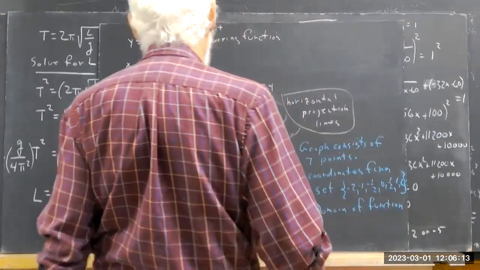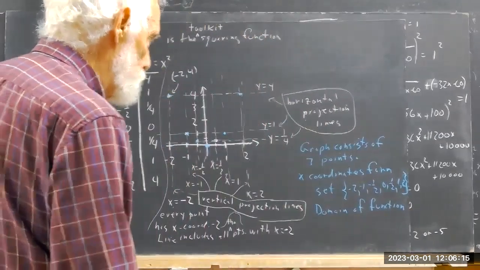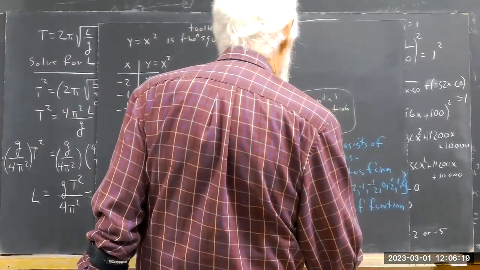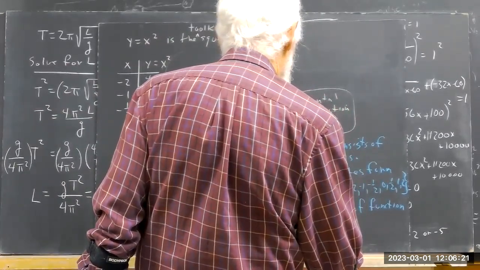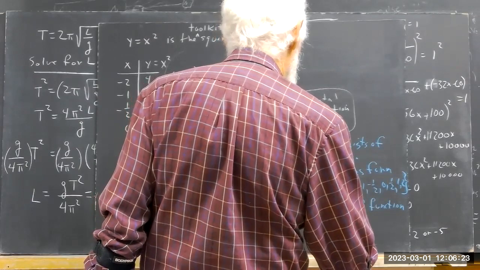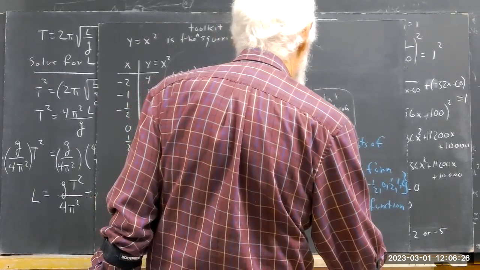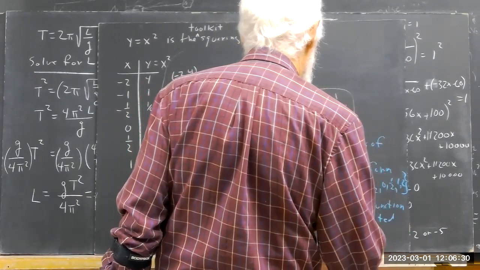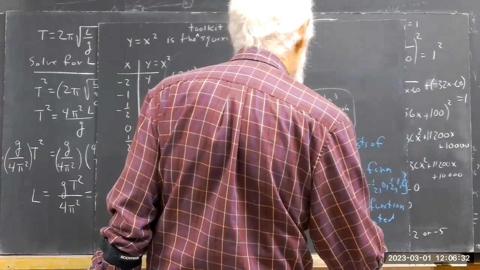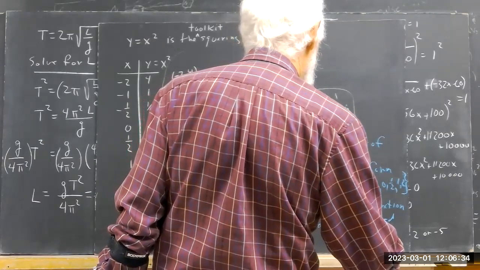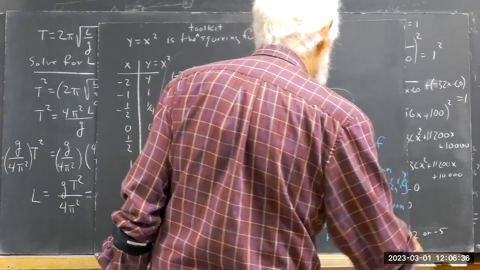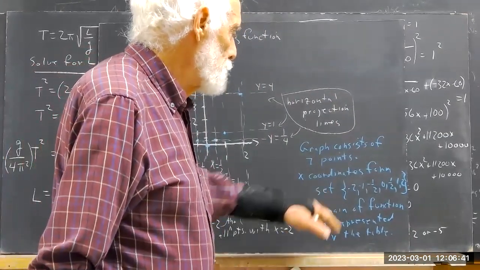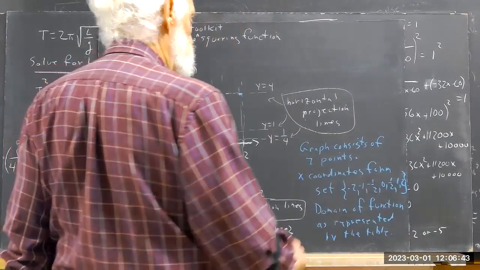It's the domain of the function. In this case, it's the toolkit squaring function. And maybe it's a little hard to read. This is the domain of the function as represented by the table.